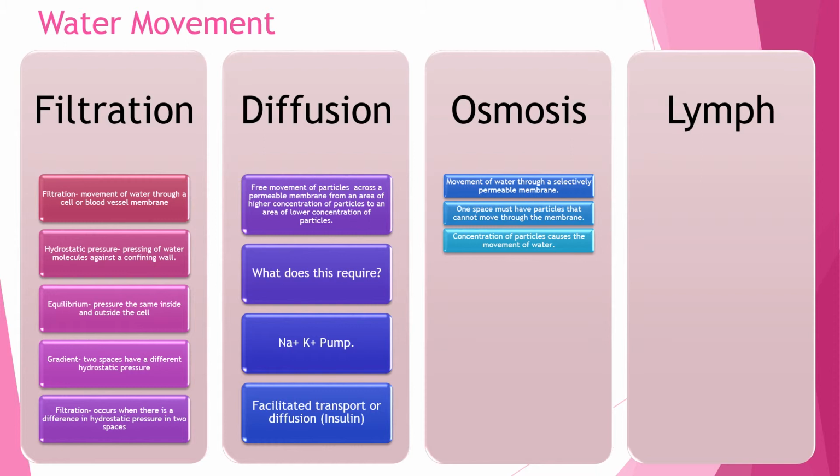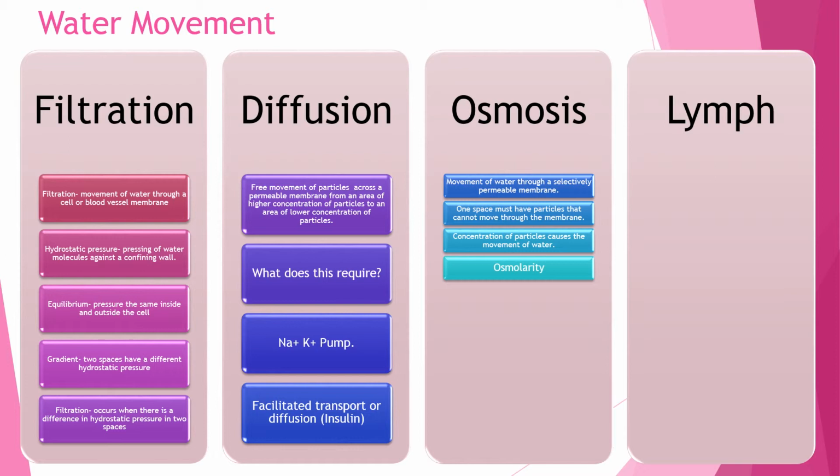Water will transfer from an area of lower concentration, which has less particles and greater hydrostatic pressure, into the area of higher concentration that has more particles and a lower hydrostatic pressure to equal out the concentration, thus diluting the particles, promoting concentration equilibrium.